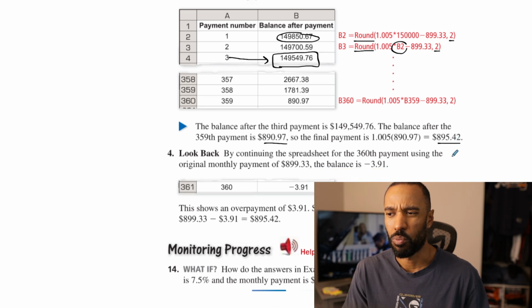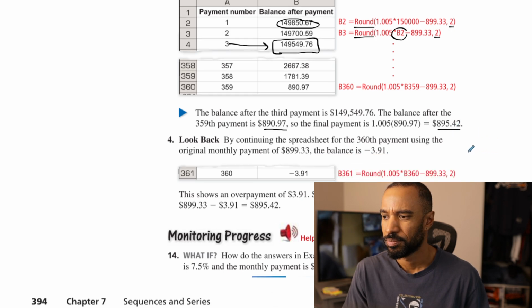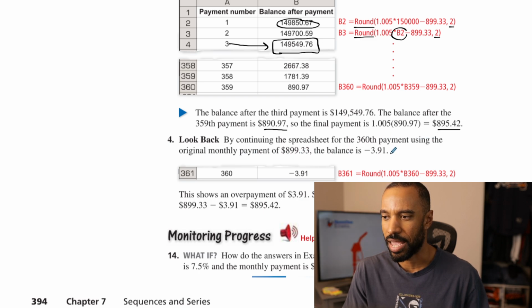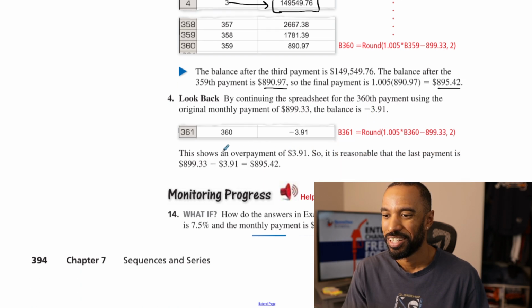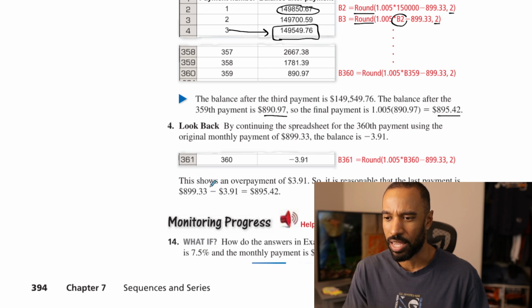What do they say about the whole rounding thing? By continuing the spreadsheet for the 360th payment by using the original monthly payment, the balance is negative 391. Oh. This shows an overpayment of 391, so it's reasonable the last payment is 895.42. I'm going to have to look into what that whole thing is saying at the very end.